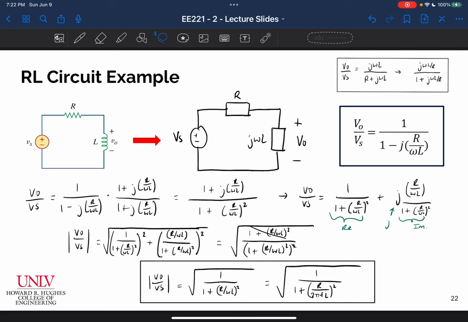So I haven't gotten to Bode plots yet. That's the next part of this module. That is going to be the standard easy way to draw the frequency response, which doesn't require us to do it point by point. It still requires us to obtain the transfer function, the magnitude, and the phase like we're doing right now, but it does not require us to go point by point and plug in values of frequency.